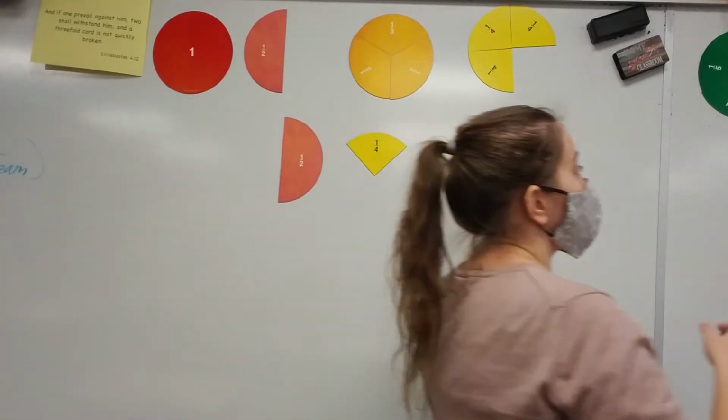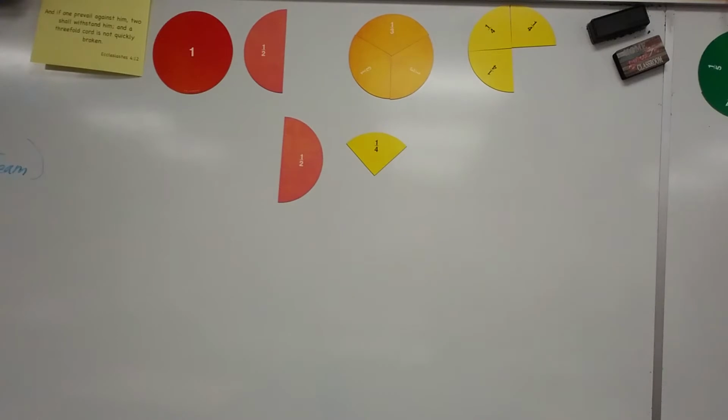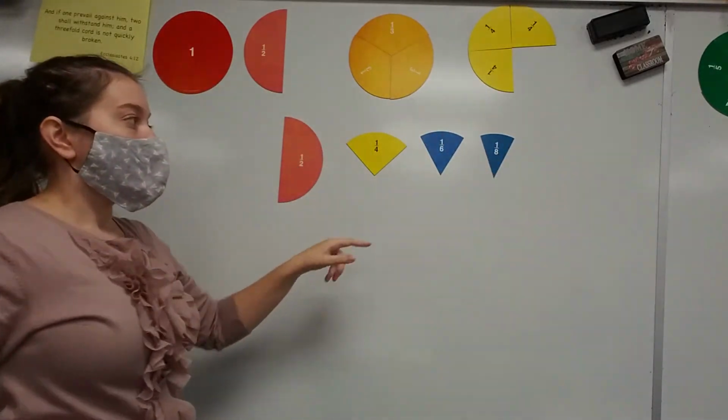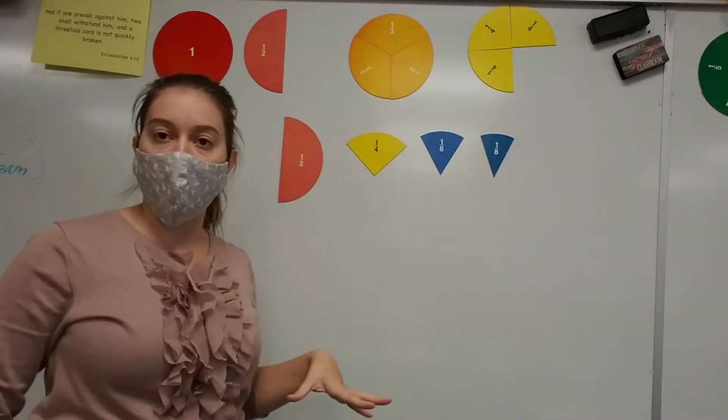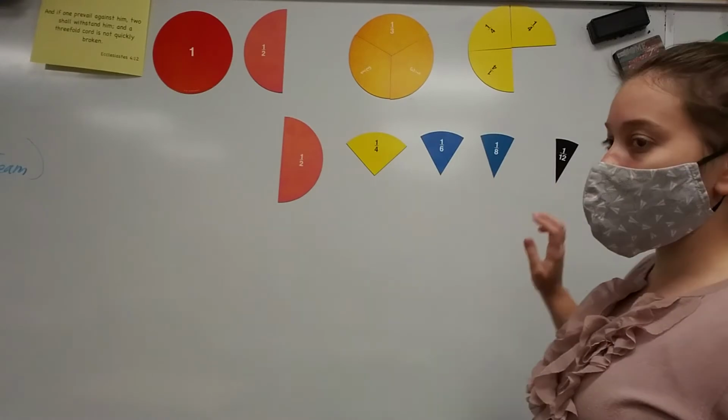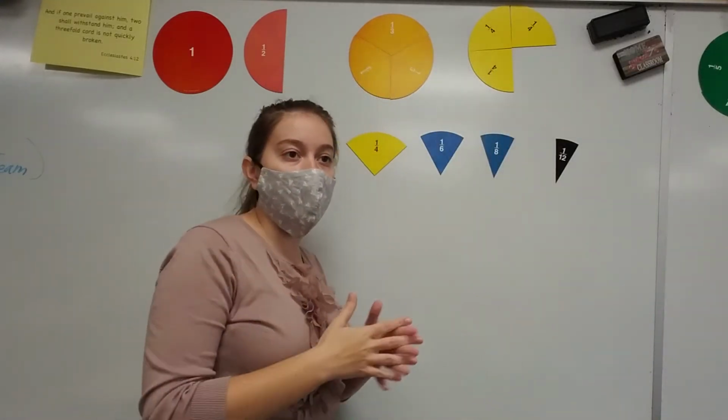But then if I even look at these two, I have even bigger denominators. I have 6 and 8, and they're still smaller, right? Then when I go all the way to 12, it's the smallest fraction I have on my fraction circles, right?